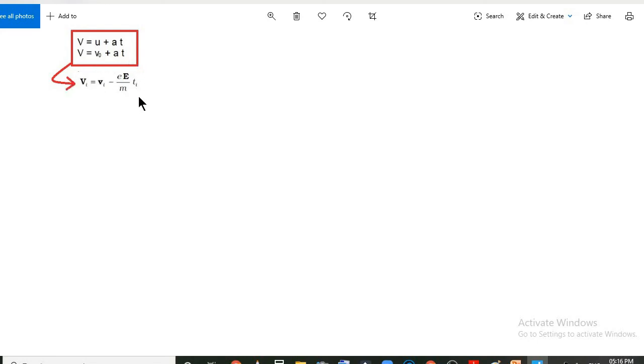So what does this equation mean? We know the velocity of the ith particle before an electric field is applied. Then after a time ti, what is the velocity of that particle? That can be calculated by using this equation.